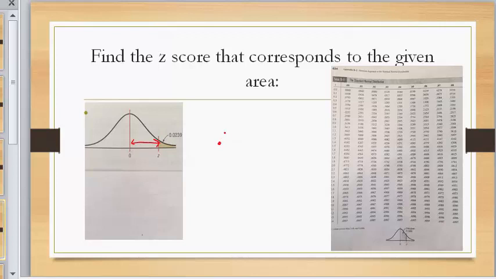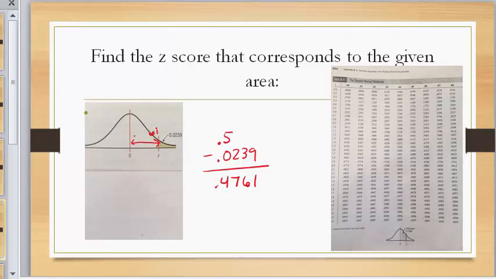So if I take 0.5, which again is the entire right-hand side, and I take off the 0.0239, so I'm going to subtract that off, that is going to leave me .4761. Okay, so .4761 is this part right here.